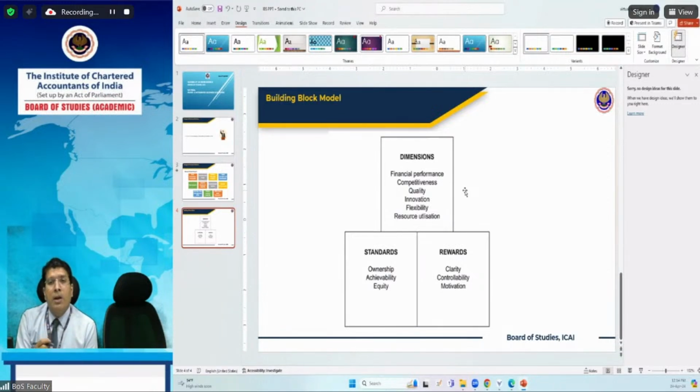Building block model is part of performance management. First, we have to understand what is performance management.